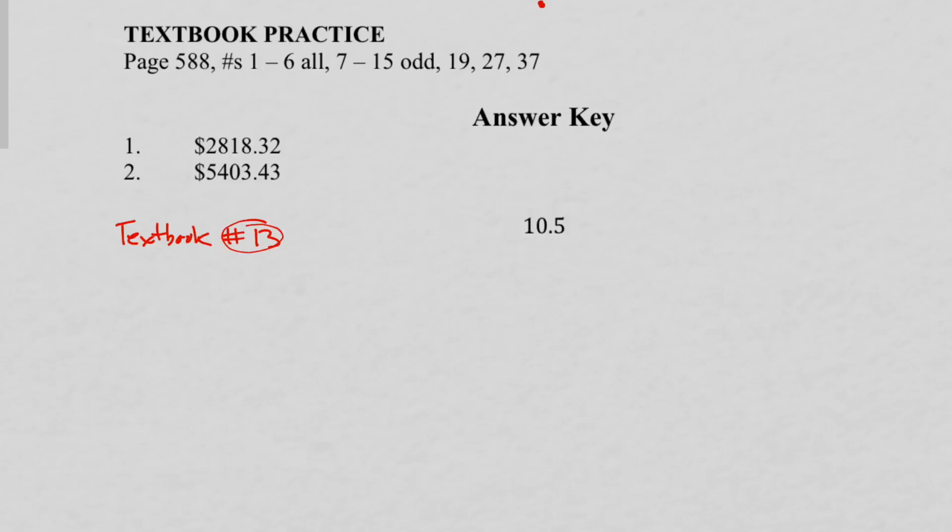So number 13 says, all right, so this is not a word problem, just gives you all the info all at once. So $8,000 for 2 years at 4% compounded daily. Use N equals 360. That's the banker's rule.